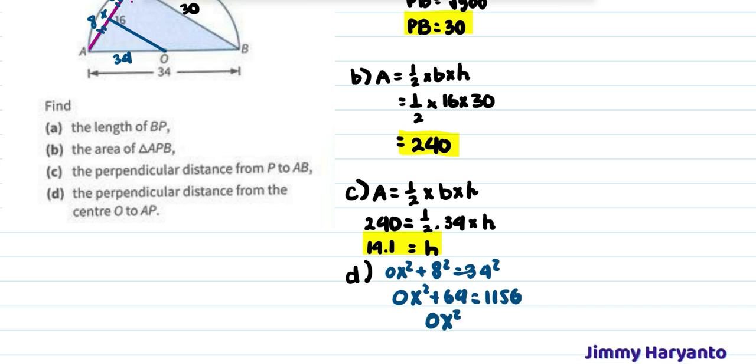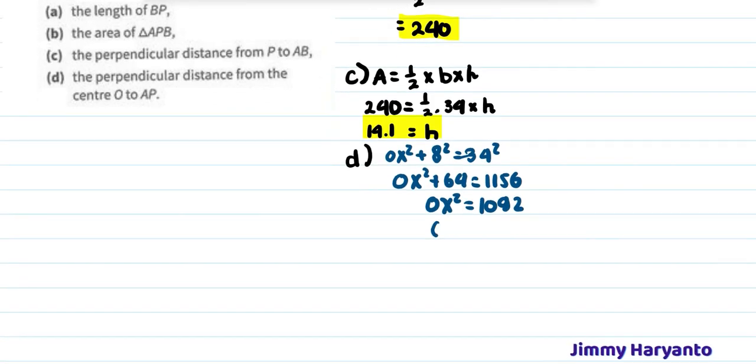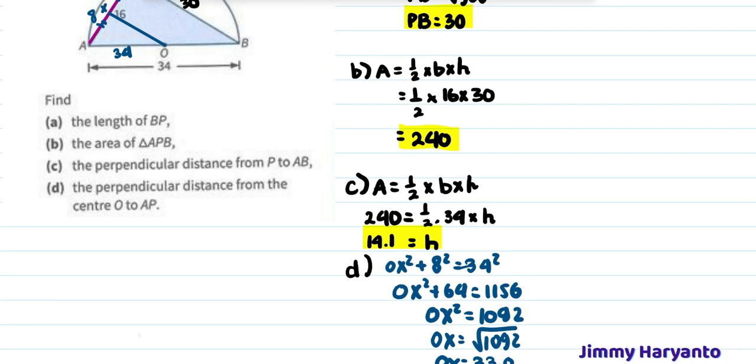So OX square equals 1092. That means OX equals square root of 1092. OX equals 33.0 centimeters.